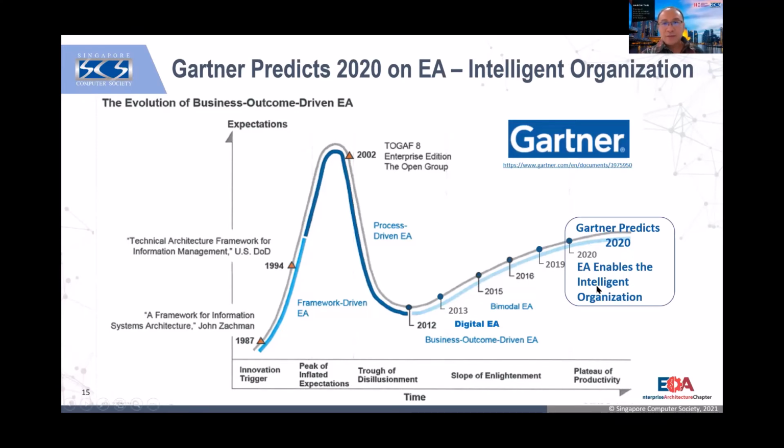Interestingly, in 2020, Gartner made another prediction that the EA team should enable or transform an organization to be an intelligent organization. So what do you mean by intelligent? If someone tells you that you are intelligent, it means you know many things, right? Whatever I discuss with you, you can relate. Wow, this person is intelligent, right? Compared to a person you talk to who doesn't know: what are you talking about? I don't know, I never heard about this.